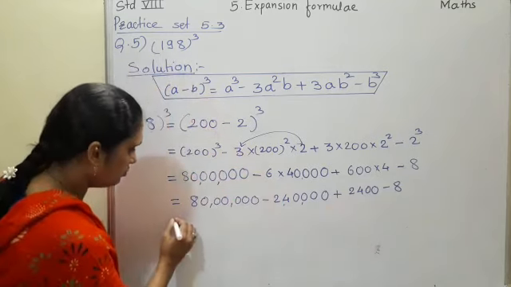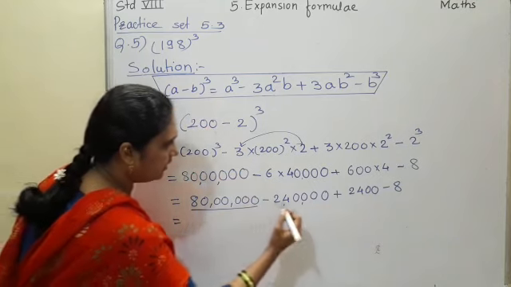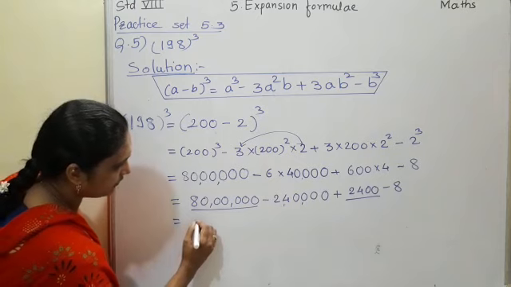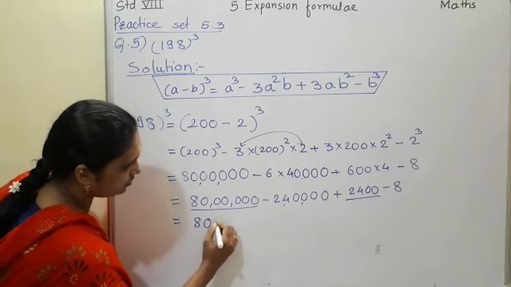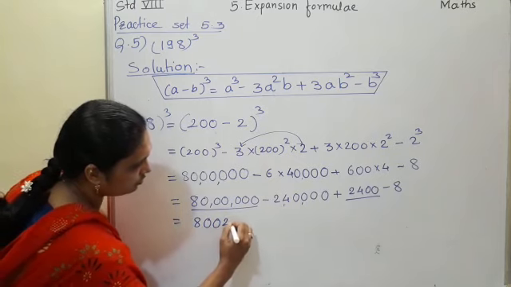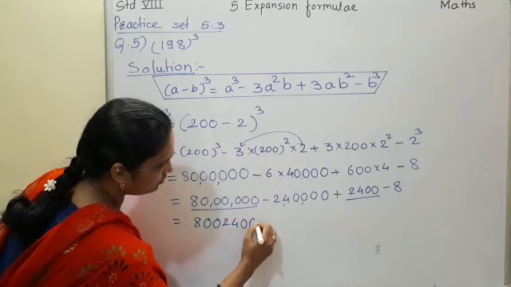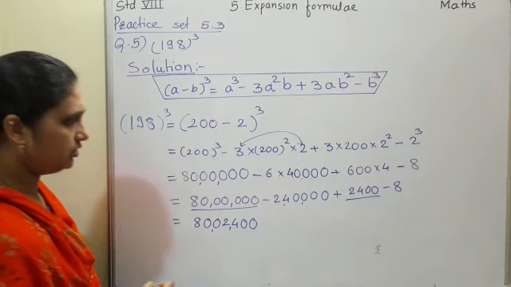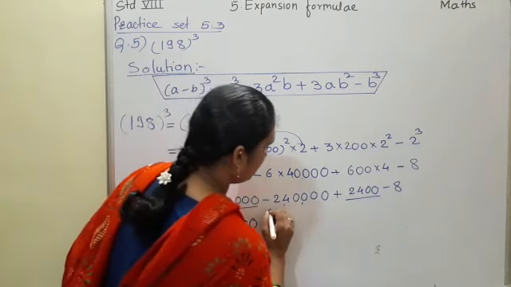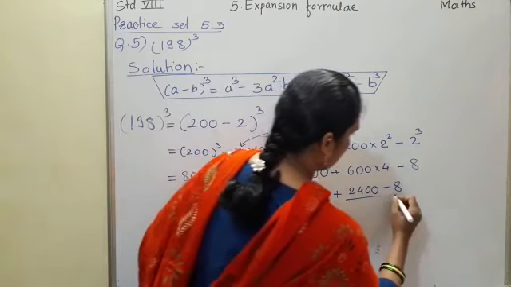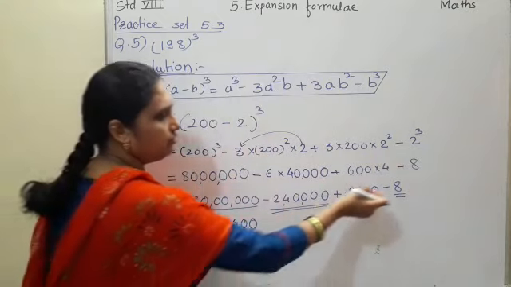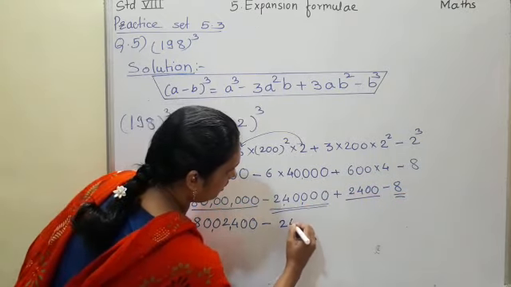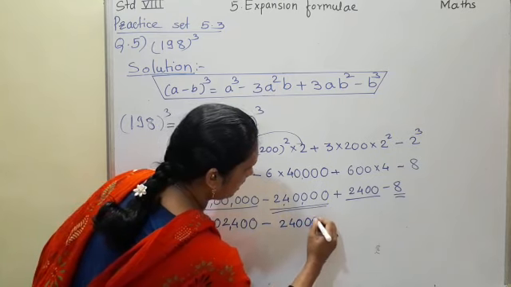Adding 80 lakh plus 2400, it will be 8002400. Now I am going to add these two minus numbers. Addition of two minus numbers will be minus 2,40,008.